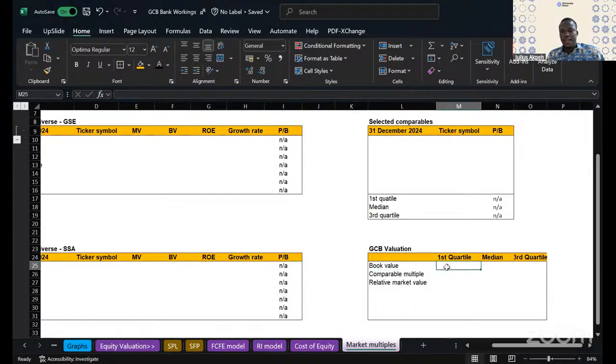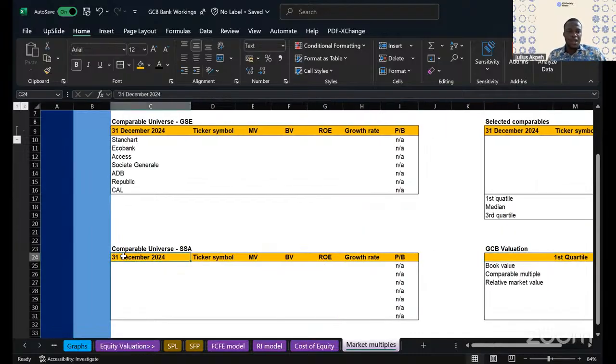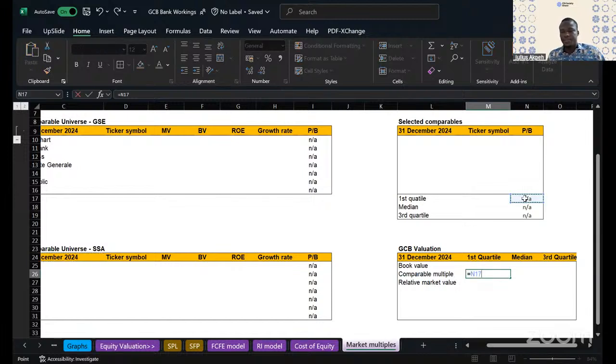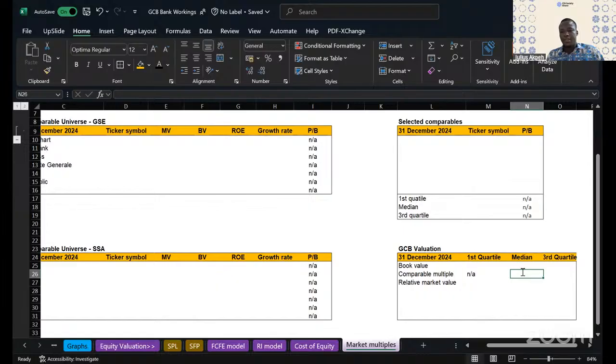So book value, then we have the book value here. That will be on which date? Our valuation date is this. We have it all spelled out here. And so we have the book value, and we have the comparable multiple. For the comparable multiple, of course, we have the first quartile being this, the median, which is the second quartile, and then the third quartile.